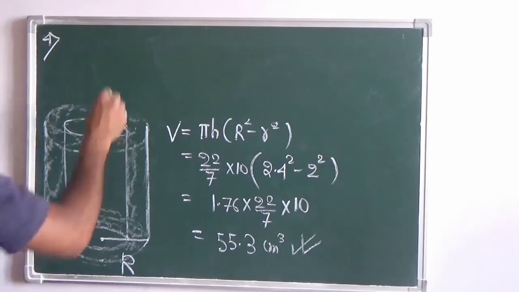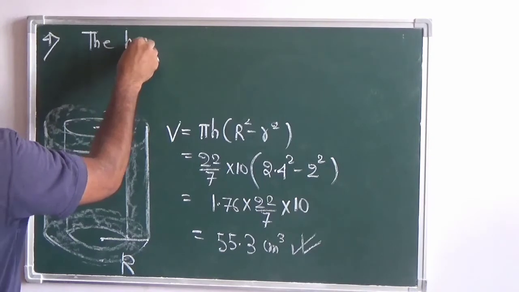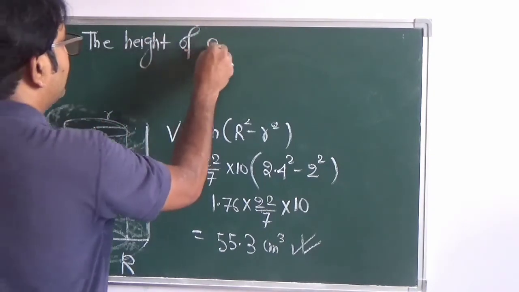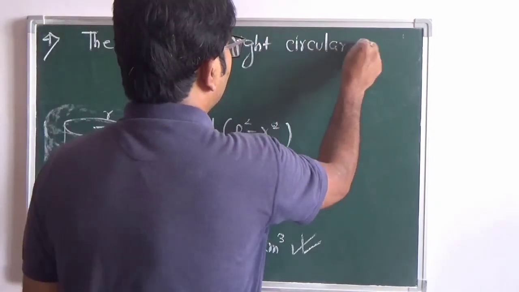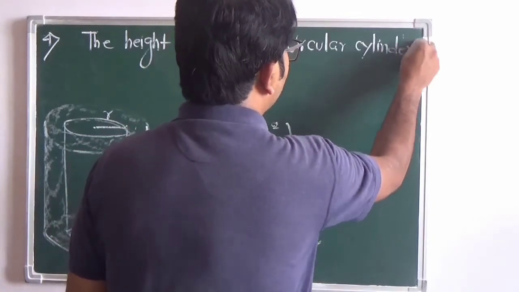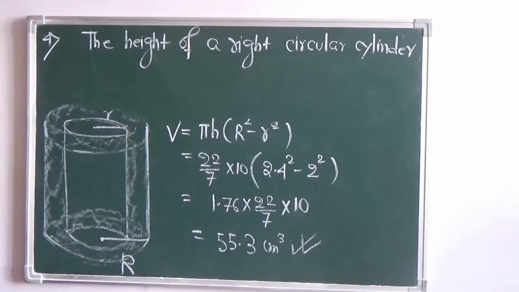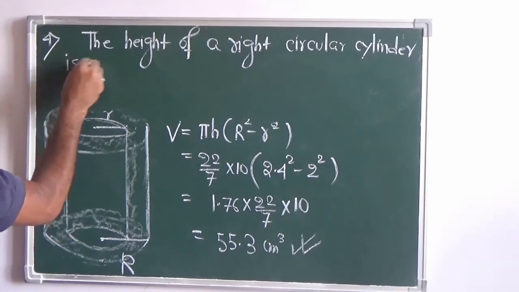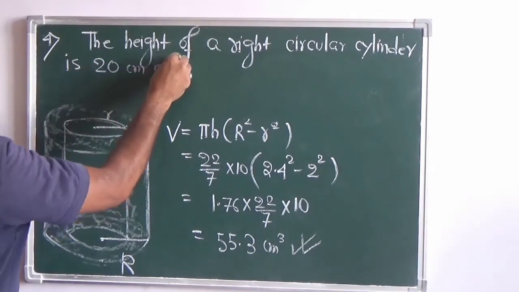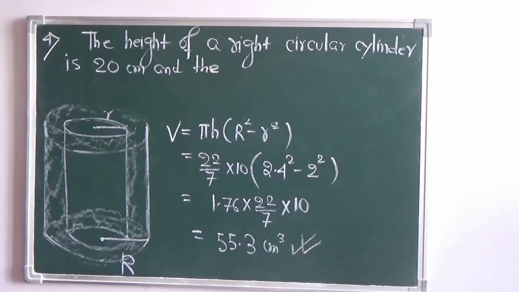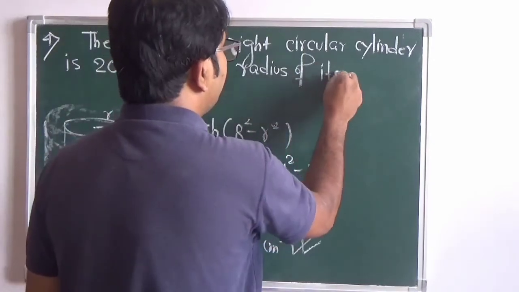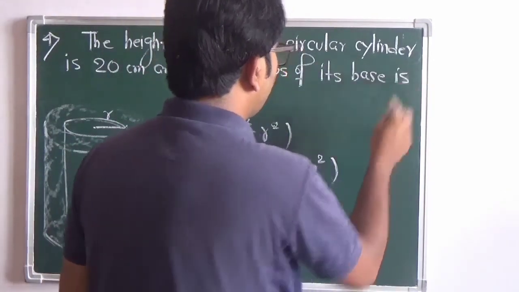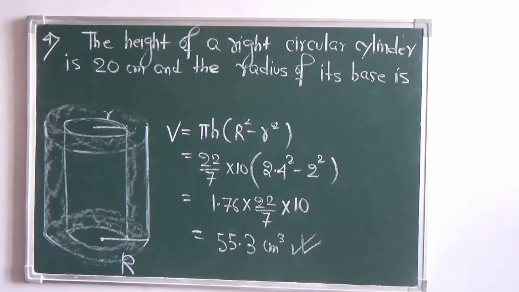The height of a right circular cylinder is 20 centimeter and the radius of its base is 7 centimeter.